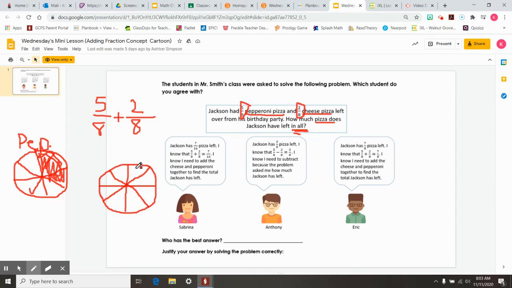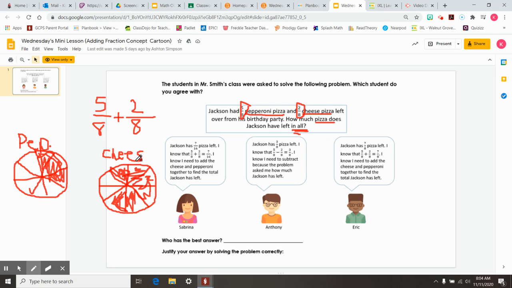So that means I had already eaten 6 of them. So 1, 2, 3, 4, 5, and since I already colored over top of that one, I'm going to color this one in. So therefore I have 2 pieces left, 2/8 of that pizza, and this one is the cheese.